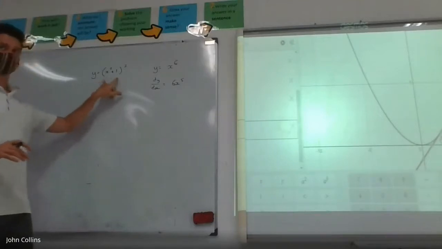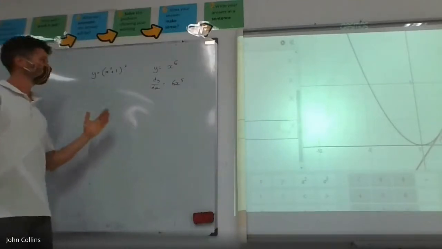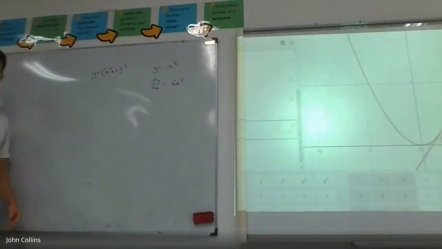This isn't an individual term anymore, but we could expand it into how many individual terms? 8. Yeah, I think we get 8 individual terms. Okay. What would be the highest power of that? 13? 14?